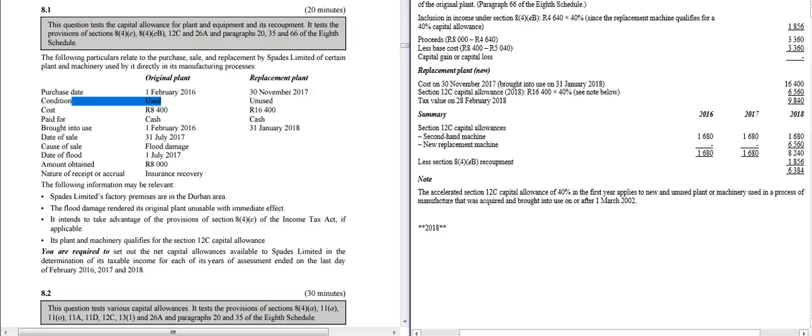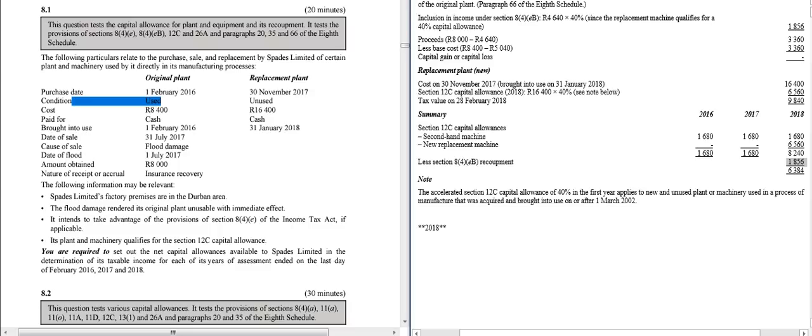And then again we had this asset during the 2018 year of assessment, again 1,680 Rand capital allowance, but we also purchased a new plant. So the capital allowances are 40% because there's a new asset. So the total section 12C capital allowance is then 8,240 Rand. And then we also made a section 8(4)(eB) recoupment, which we can include in our income of 1,856 Rand.